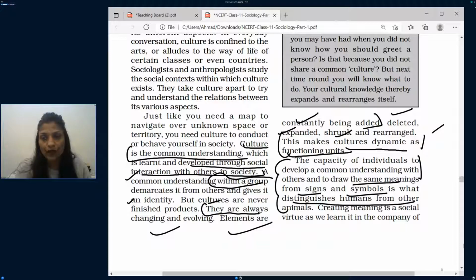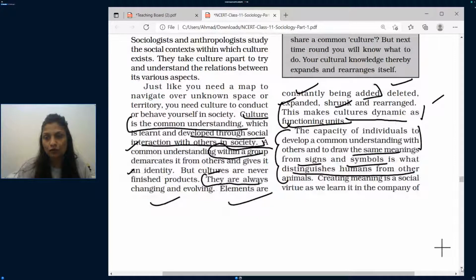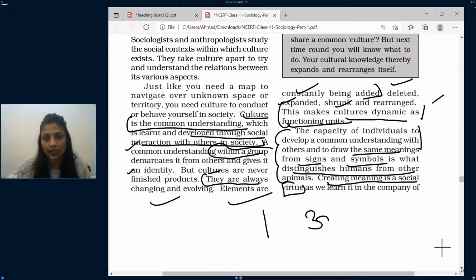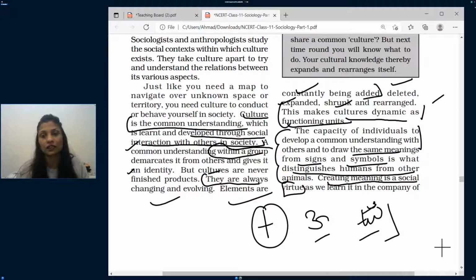So we have seen rituals and the meaning of things. Now, creating meaning is a social virtue. When we make a sign, we are giving it some meaning.